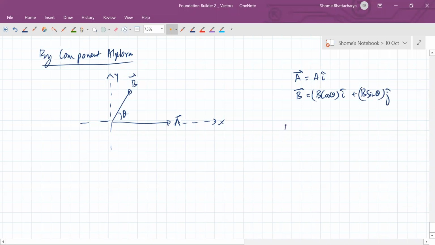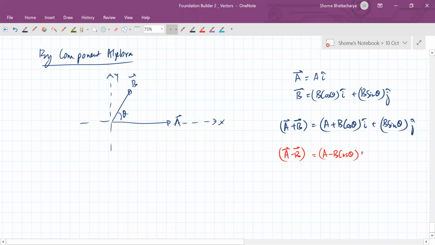So now you can see that A plus B is A plus B cos theta i cap plus B sin theta j cap, and accordingly A minus B will become A minus B cos theta i cap minus B sin theta j cap.